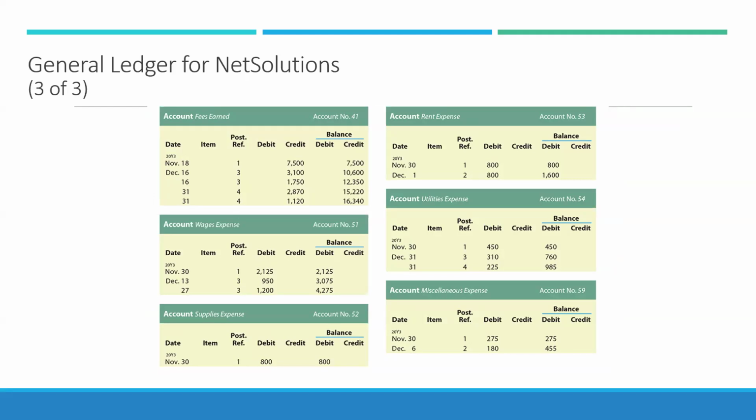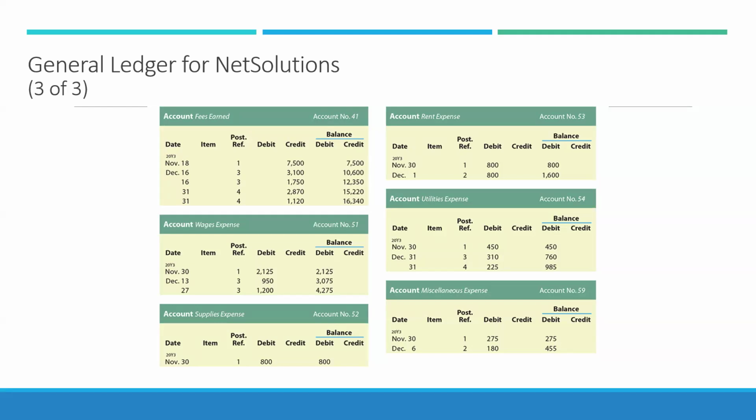These will be in the blank sheets for the homework this week, which is filling out the journal entries and then posting the journal entries to a general ledger like this. In the days when accounting was done on paper, this is how it was done: they would have this massive book and they would post each of the entries in the journal into the general ledger and total up as they went.